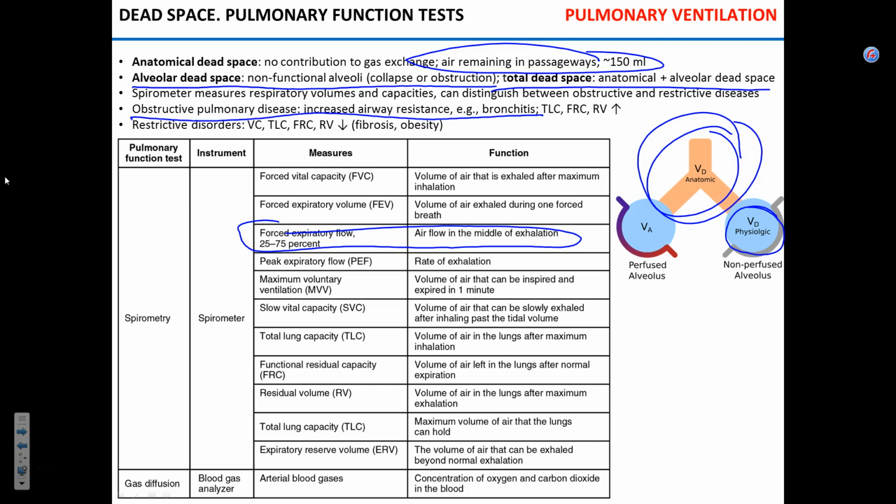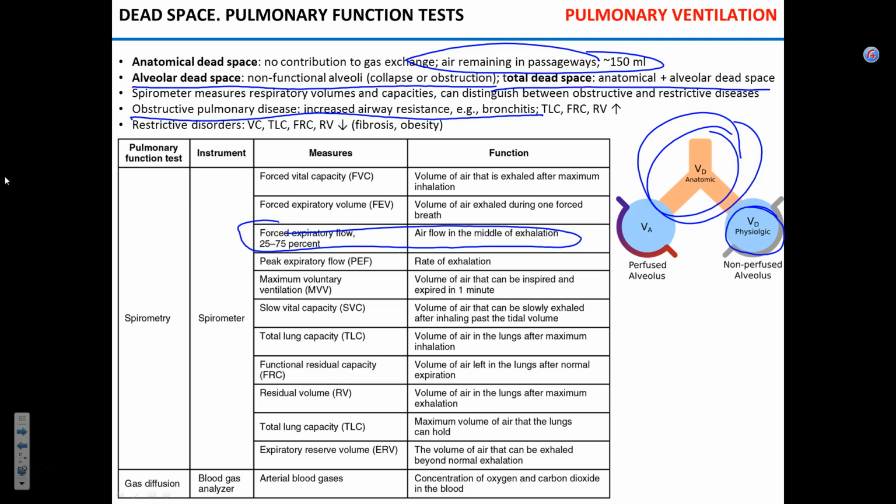Another way to say it is, if I have asthma, can I still fill my lungs all the way up? Yes, it'll take me more time, right? My one maximum breath will be longer because I have to get the air through the narrow passage. You see what I'm saying?